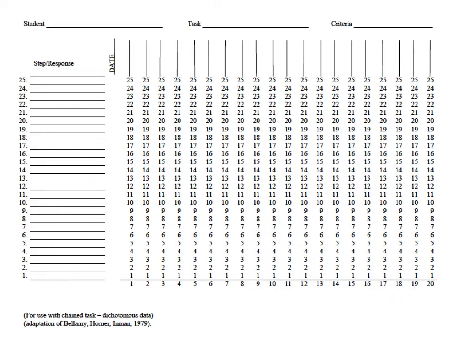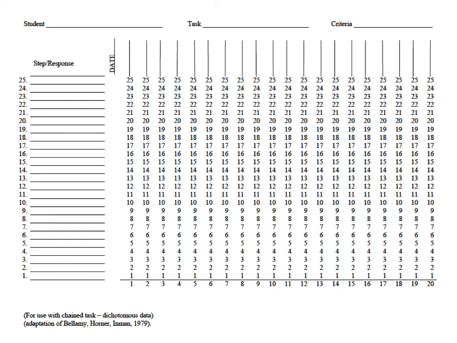This is a sample data sheet you can use. We will practice briefly next week in class when we meet again. You can use this type of sheet when you have a chained behavior as the target behavior.